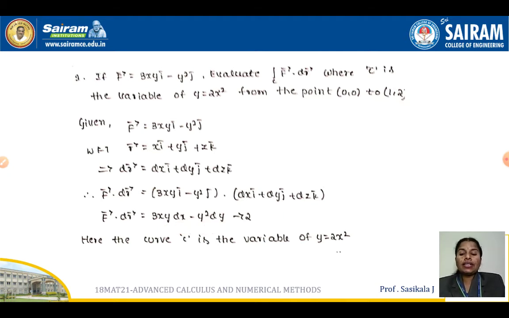Here the curve C is y equal to x square. So take this curve and replace y and dy in terms of x and dx, then you can find the integration.